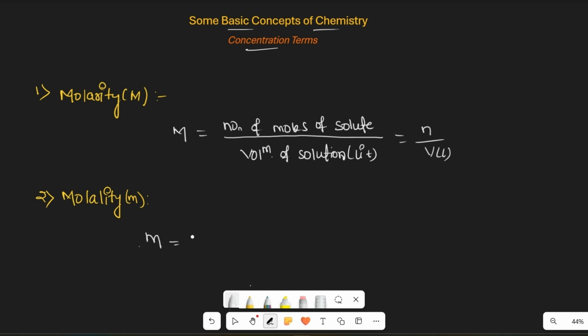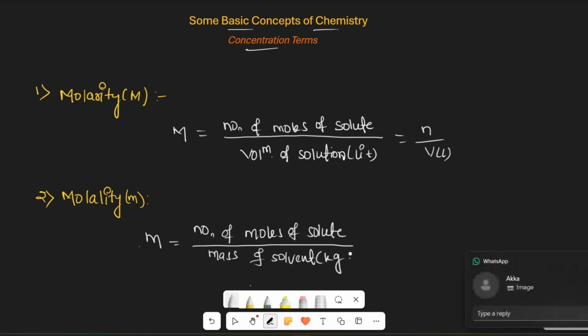So the formula is number of moles of solute by mass of solvent, which is in kgs.